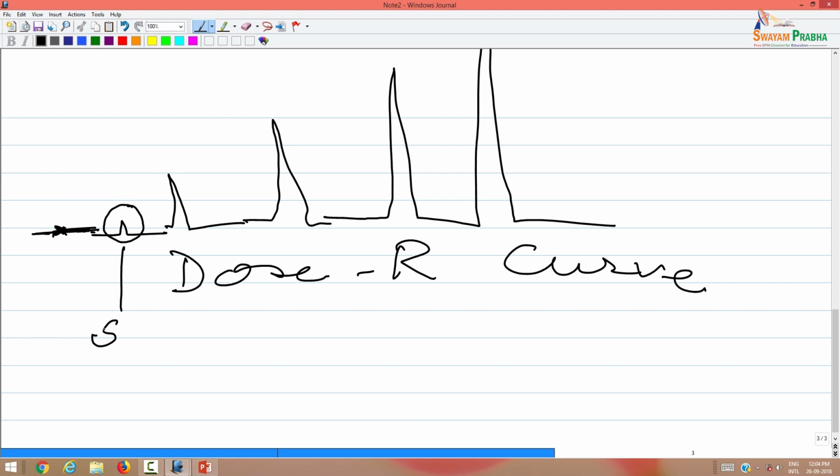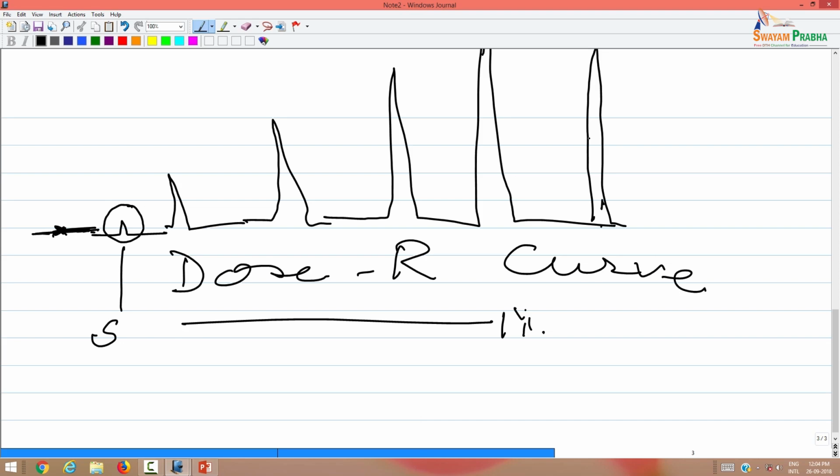The concentration of the drug which will produce the maximum response is called the maximum response. If you further increase the dose, you may find that the response does not increase, because at this stage all the receptors are occupied and no further receptor can be stimulated.